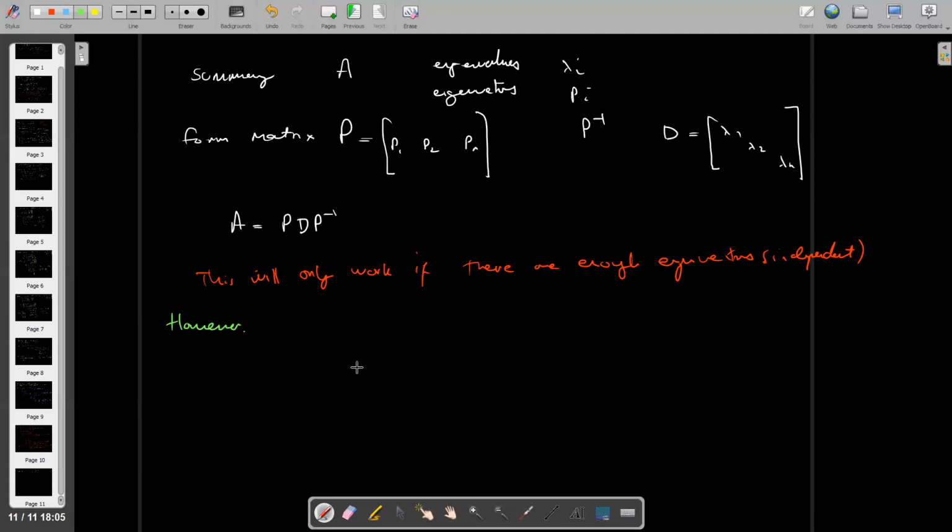However, this whole idea can be extended. There is a next step, but I'm not going to go into it today. We can consider the idea of a generalized eigenvector.